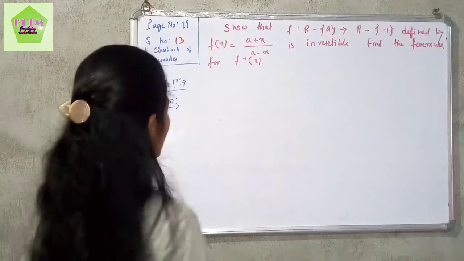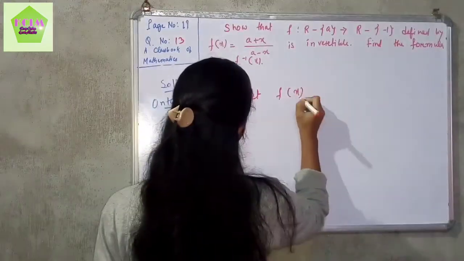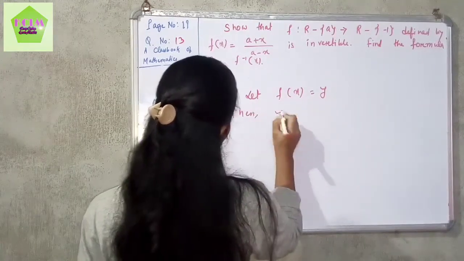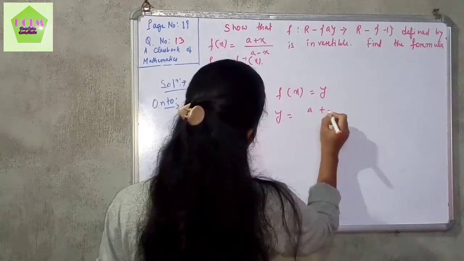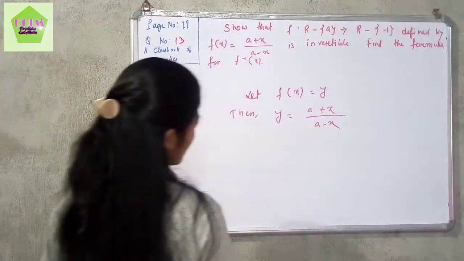Now for onto, let us take f of x equal y, then y will be equal to a plus x divided by a minus x.